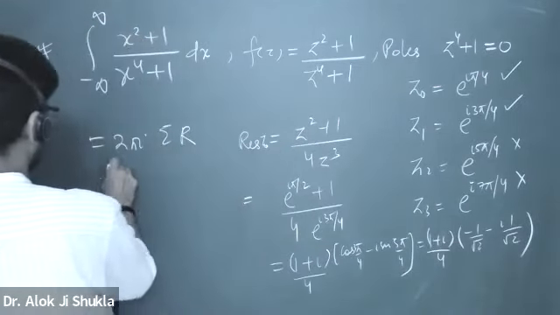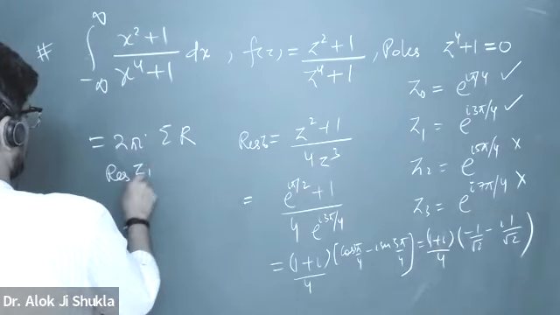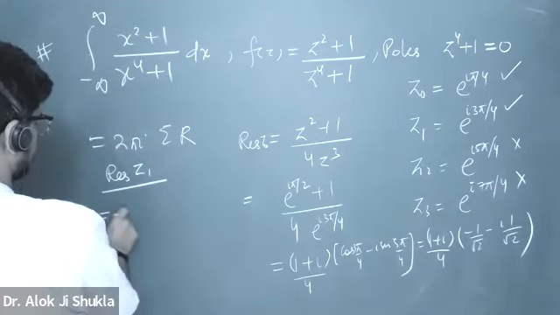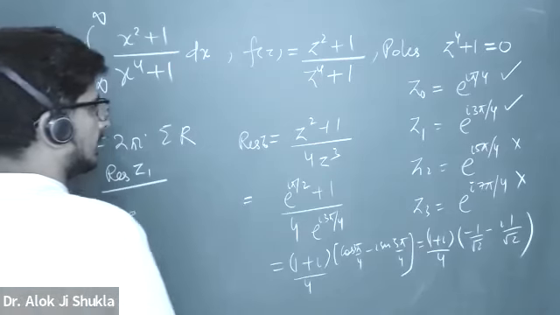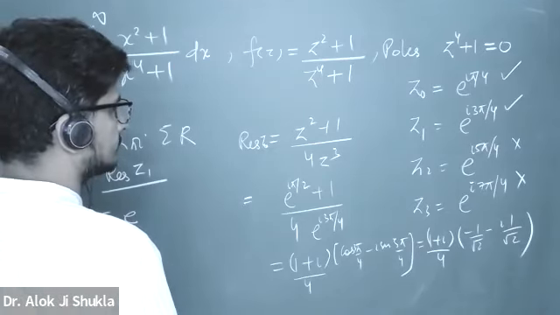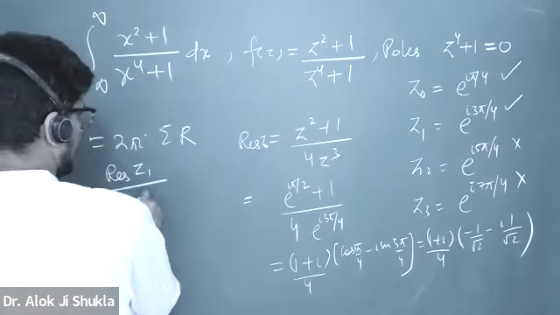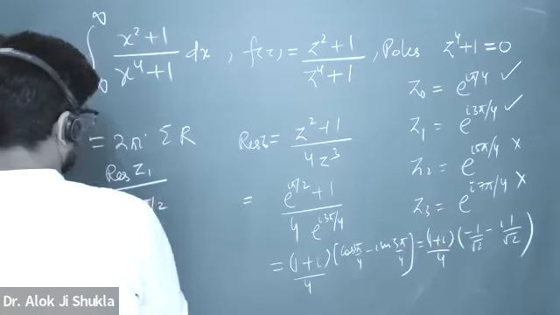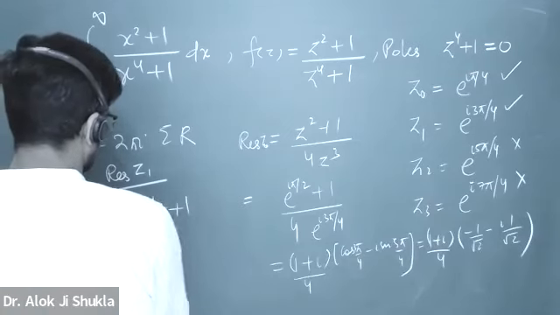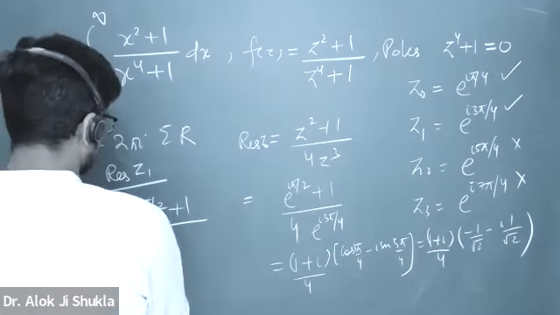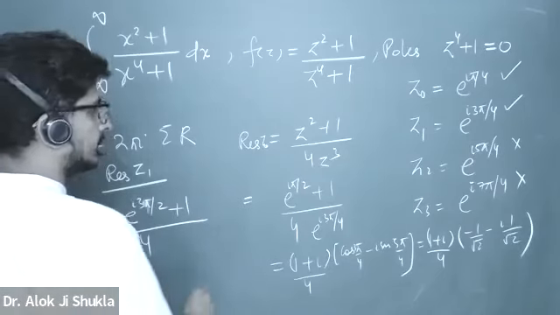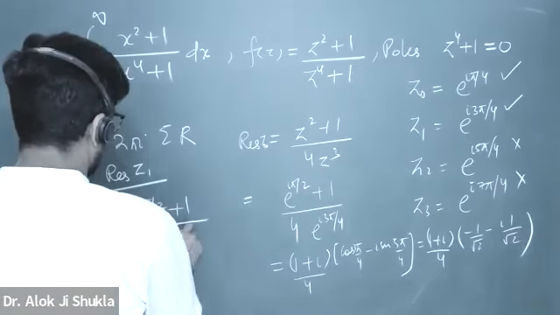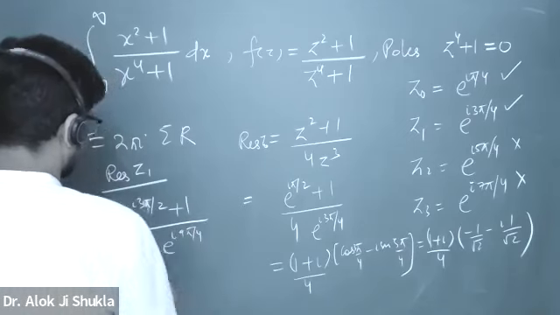Similarly, the residue corresponding to z1 will be e to the power i 3 pi by 2 plus 1 upon 4 e to the power i 9 pi by 4.